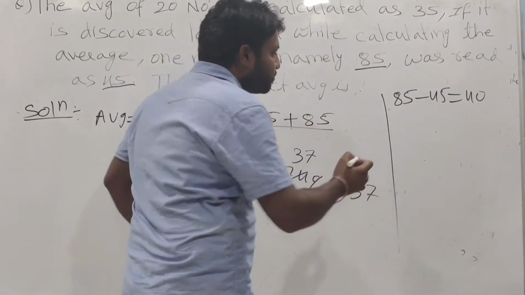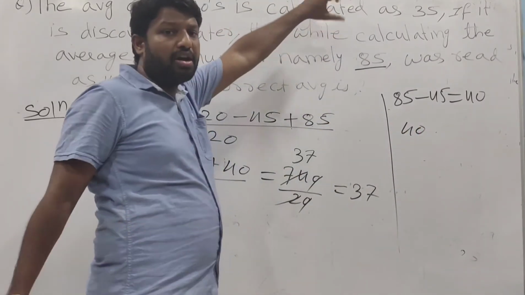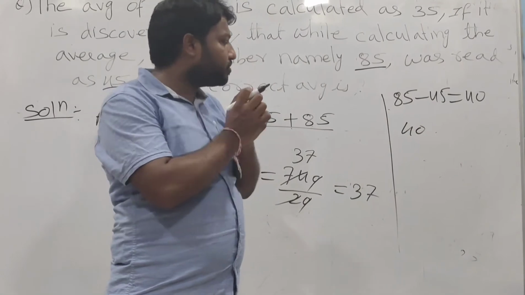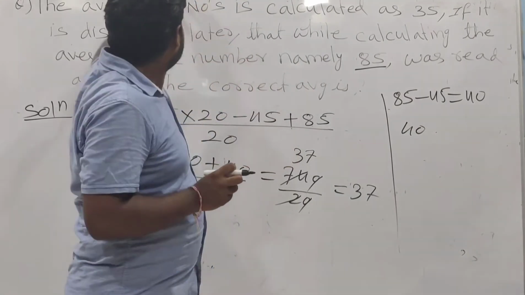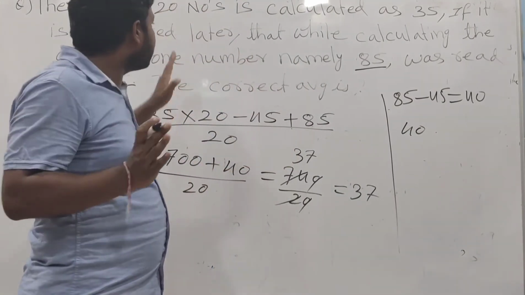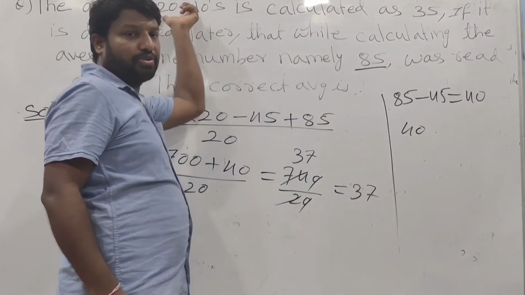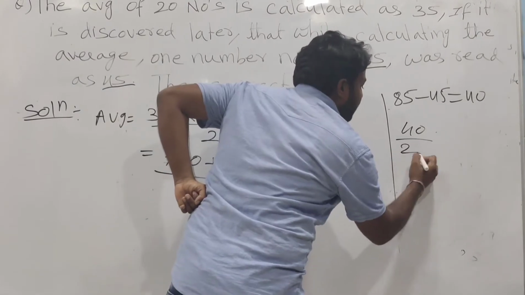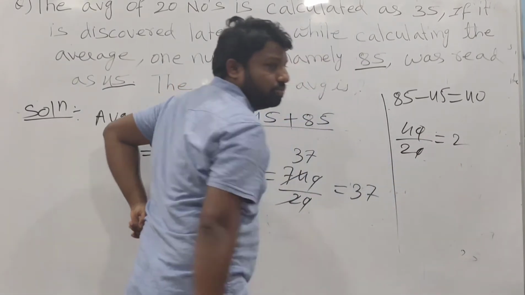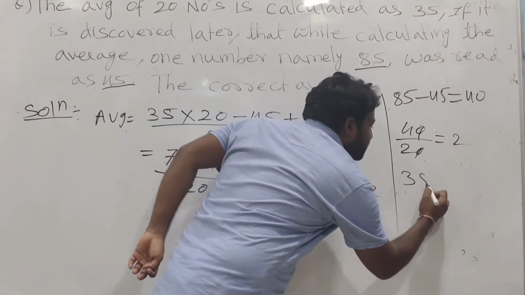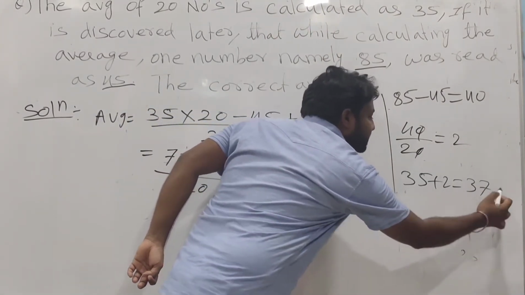Now this 40 should be added to the average. How will you add 40 to the average? 40 is the total sum, so this 40 should be distributed among each member. Because there are 20 numbers and you are taking the average, this 40 should be distributed among 20 members. So 40 divided by 20 is 2. This 2 should be added to the average. It is nothing but 35 plus 2, which is 37.